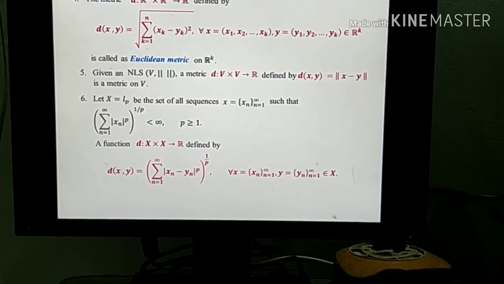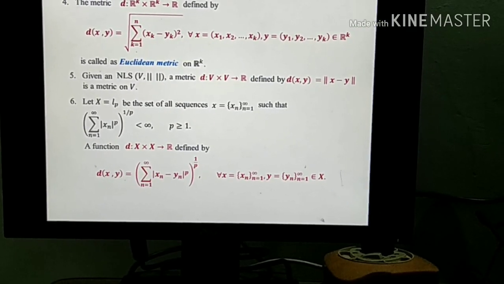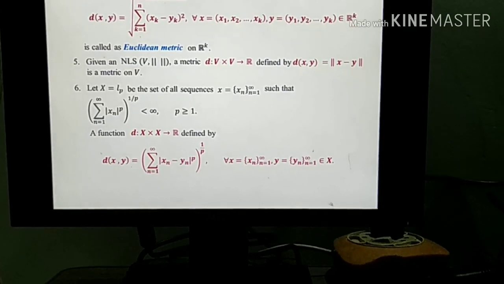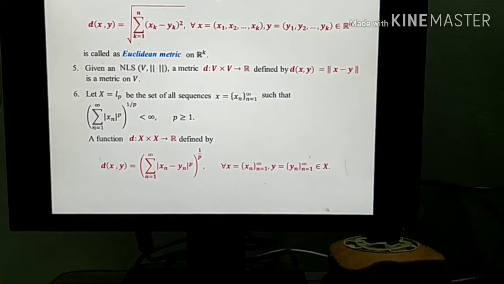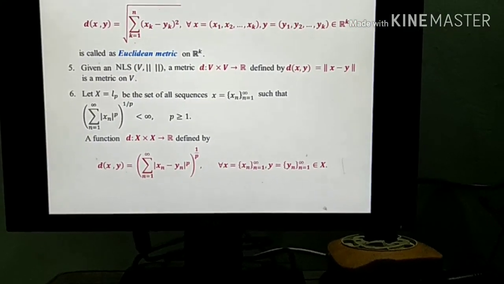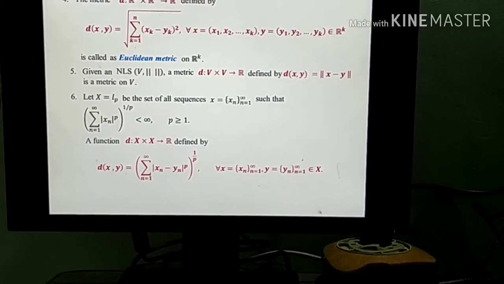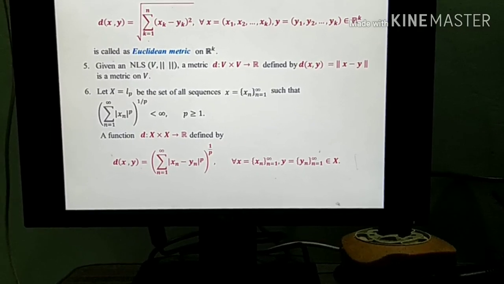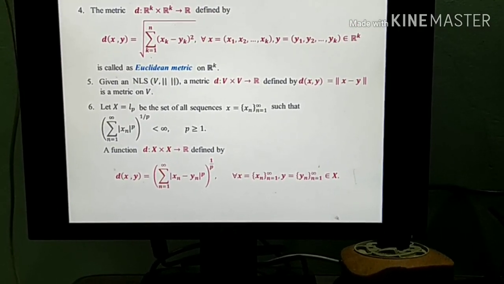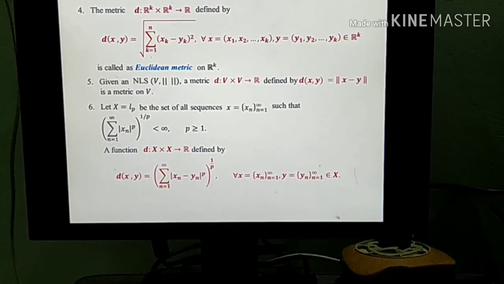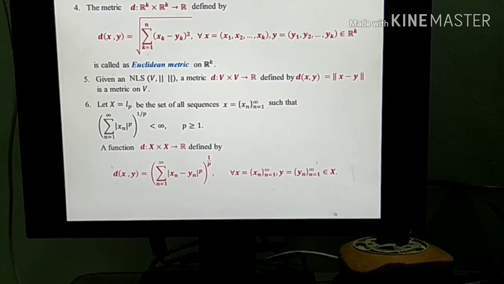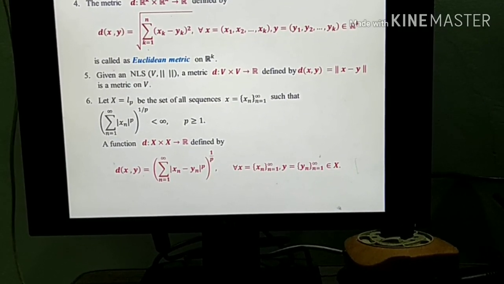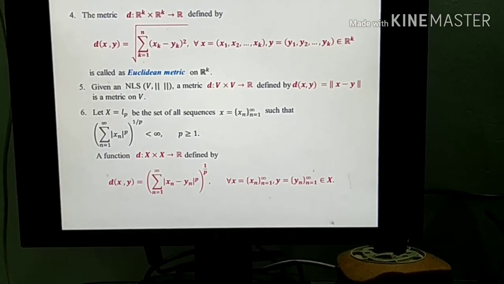Obviously, this pth root is the positive pth root, therefore d(x,y) is always greater than or equal to 0. First property will be satisfied. Second property, d(x,y) is equal to 0 if and only if this pth root is 0. This is possible if and only if the sum is 0, and the sum is 0 if and only if all the pth powers of mod xn minus yn are 0.